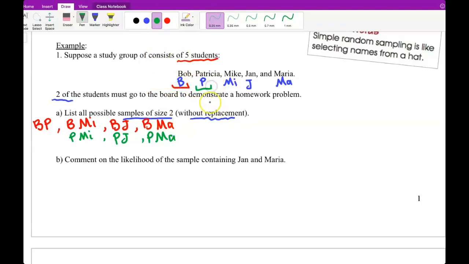Now without these, starting here we have Mike: MIJ, MIMA, so Mike and Maria. Now without that one, the only one that remains is JMA, so Jane and Maria.